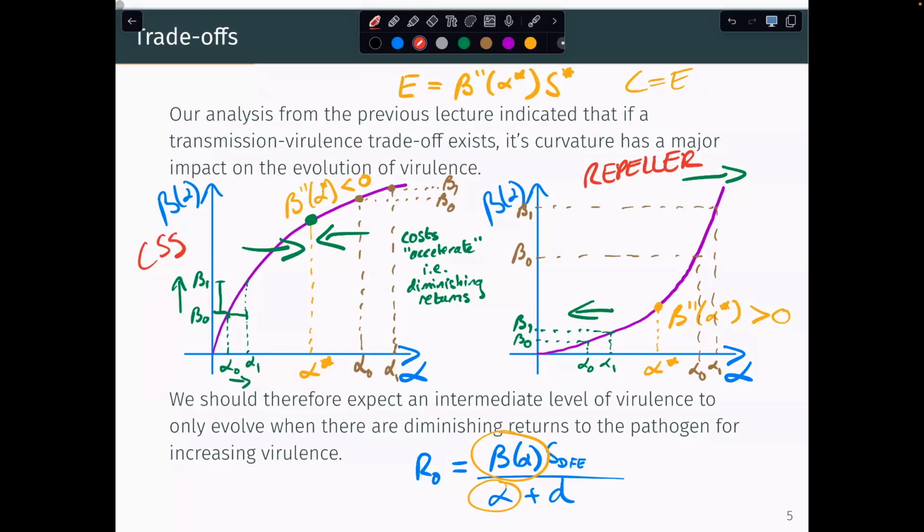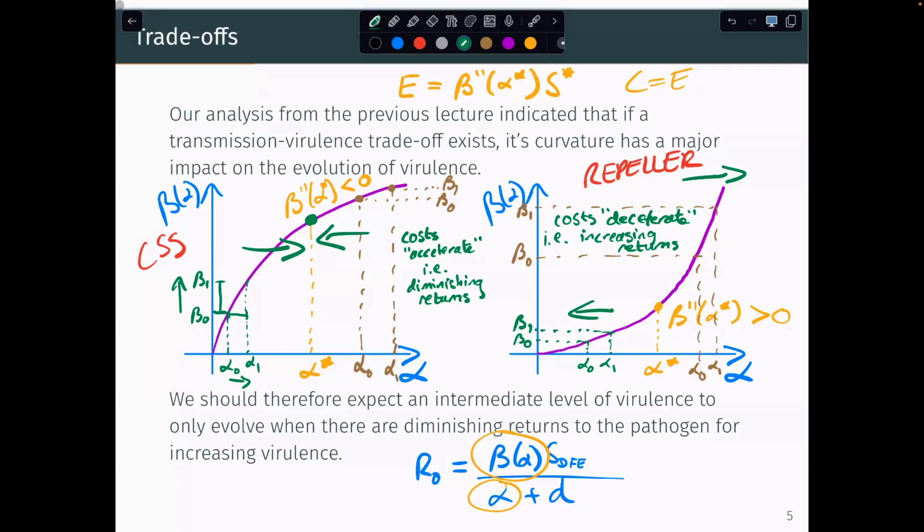Likewise, it doesn't matter how much our costs decelerate, it just matters that they do decelerate. So on the right-hand side, we have accelerating costs here on the left and decelerating costs on the right. In other words, we have increasing returns. We're talking about transmission and virulence, but these types of trade-offs exist for many, many different types of traits.